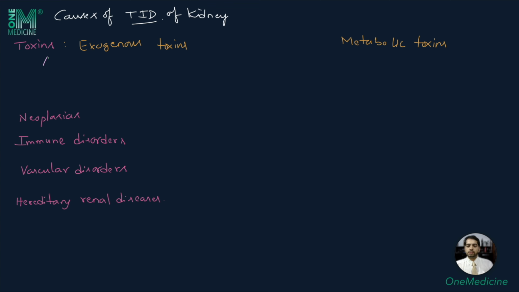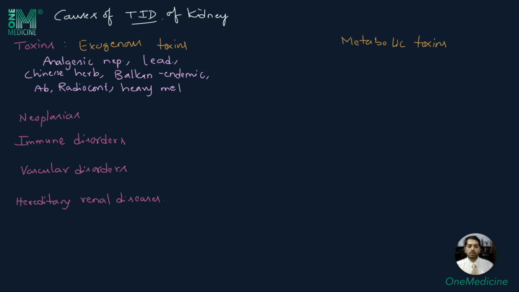Under exogenous, there is analgesic nephropathy, lead nephropathy, Chinese herb nephropathy. There is Balkan endemic nephropathy, and other medications including antibiotics, radio contrast, heavy metals, and even cyclosporin.